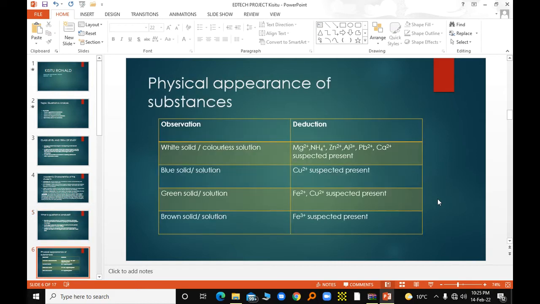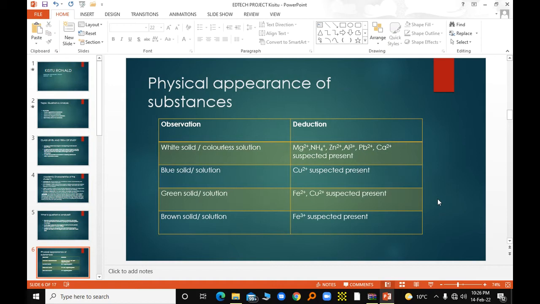Now, next, my small subtopic is the physical appearance of substances, those substances which we are going to be seeing. If you're given a substance, you first see how it looks. This small table shows what you deduce when you see this.